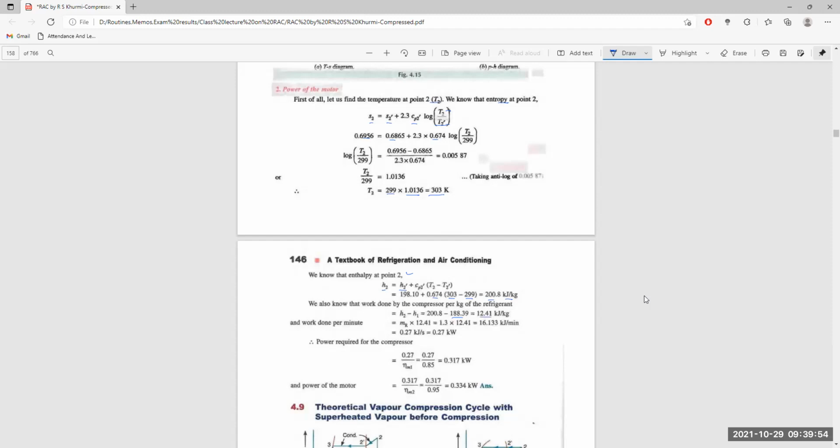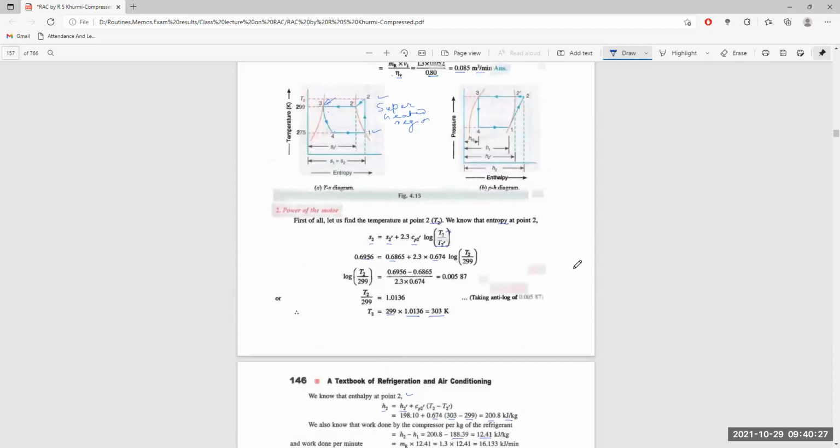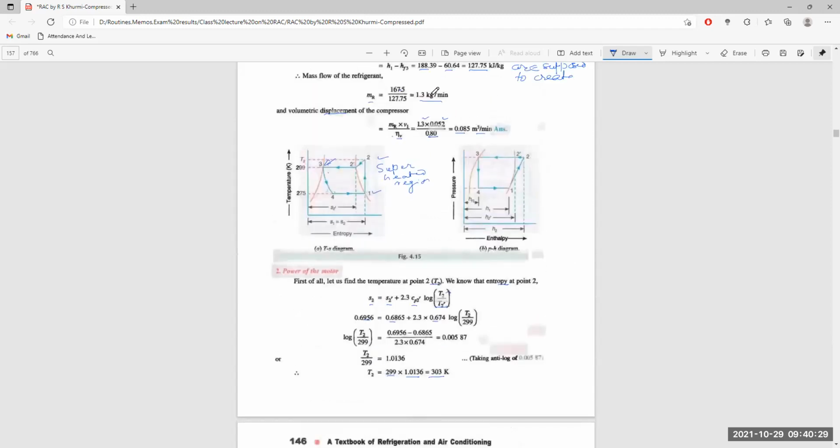And the work done per minute is given by the work done per kg, 12.41 kilojoule per kg, multiplied by the flow rate of the refrigerant, which we have calculated as 1.3 kg per minute.